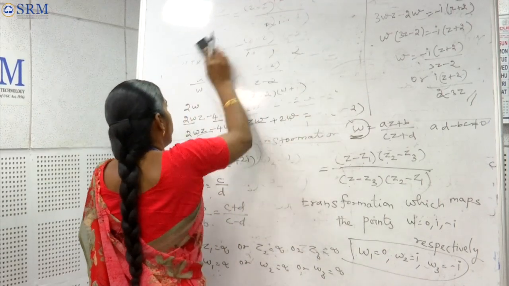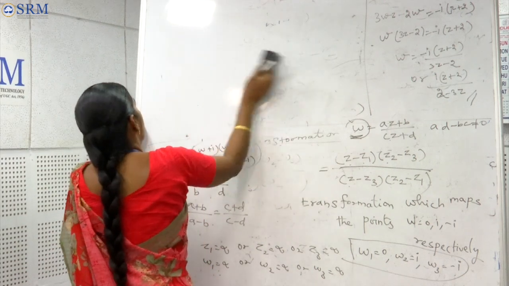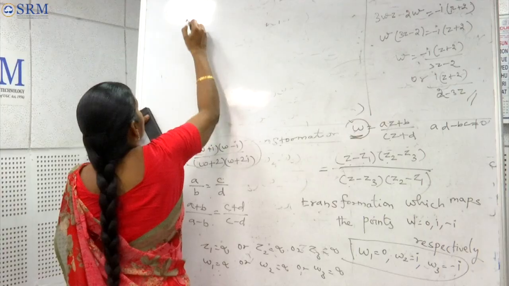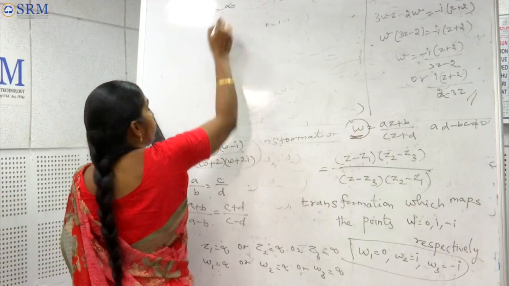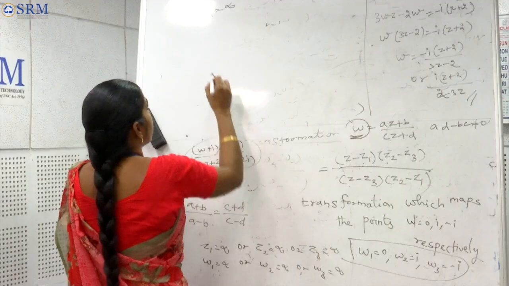Suppose Z1 is equal to infinity. I consider the right side of the formula for the bilinear transformation. Z1 equal to infinity means you rewrite that equation.